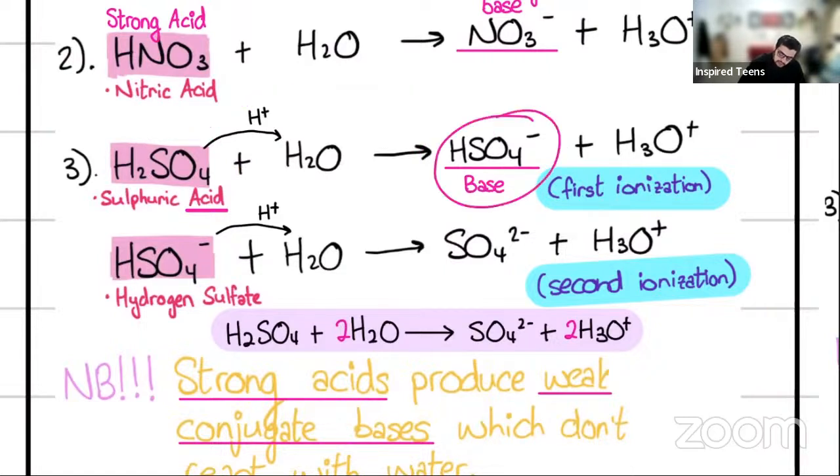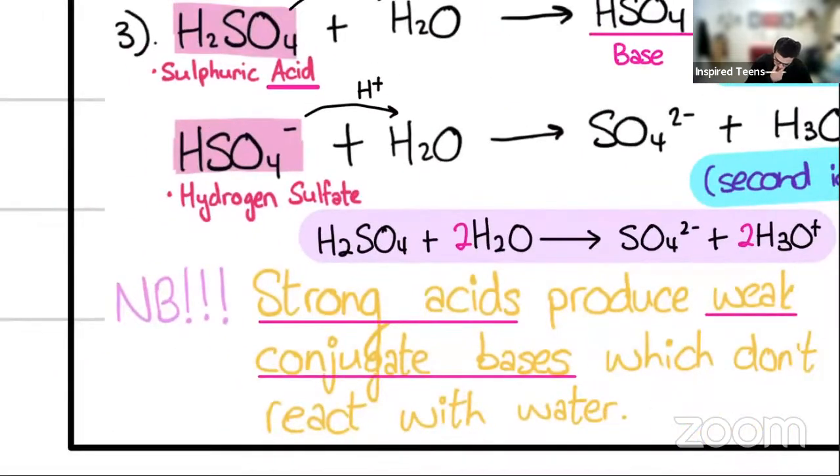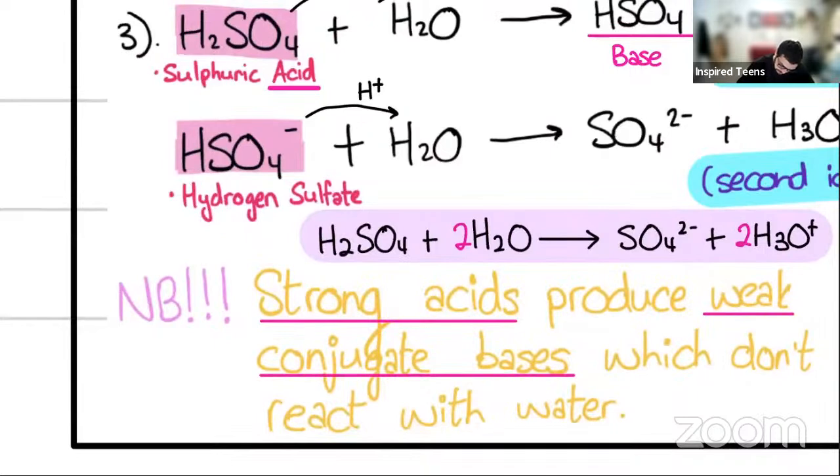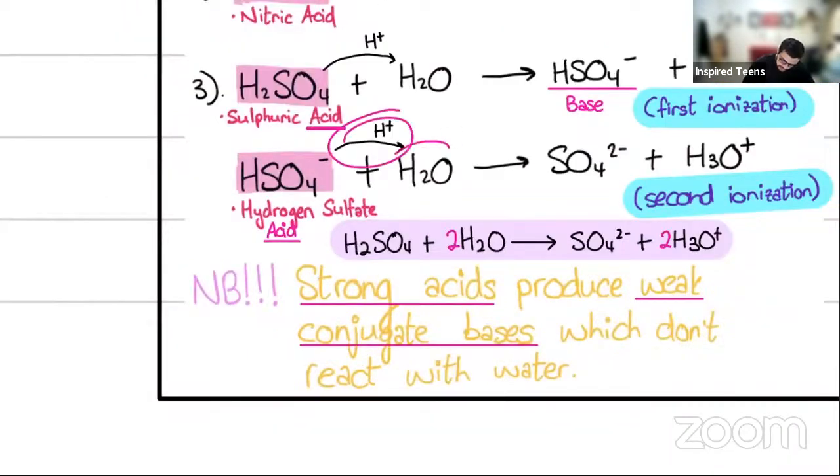So here we can see HSO4 minus acting as a base. Then in the next equation, when HSO4 minus, known as hydrogen sulfate, undergoes its ionization, it acts as an acid. How do we know? Because we can see that it's donating its H plus to H2O.